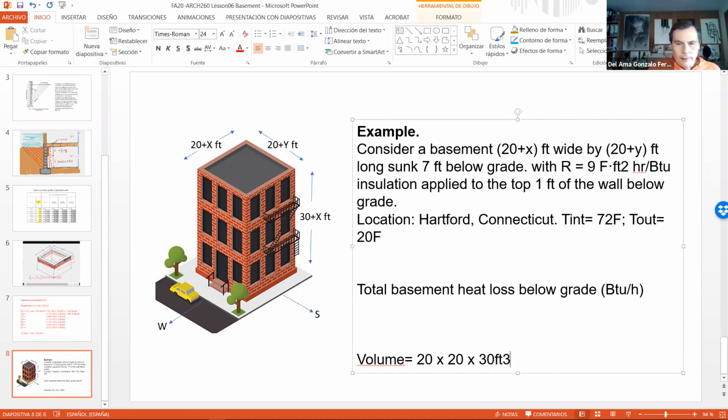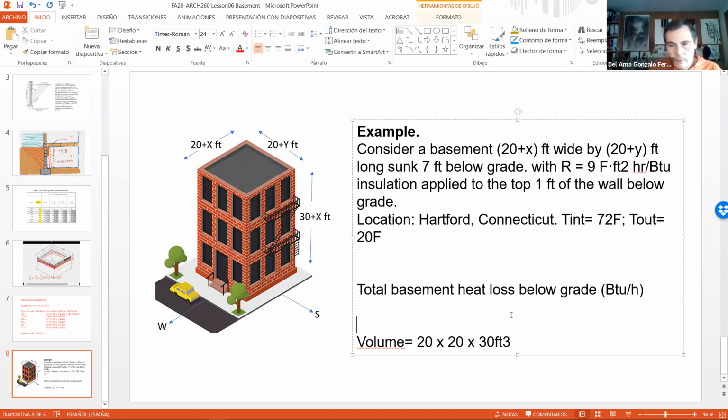Okay. So if this is the volume of our building, which is 20 by 20, 400 times 30, this is 12,000 cubic feet.